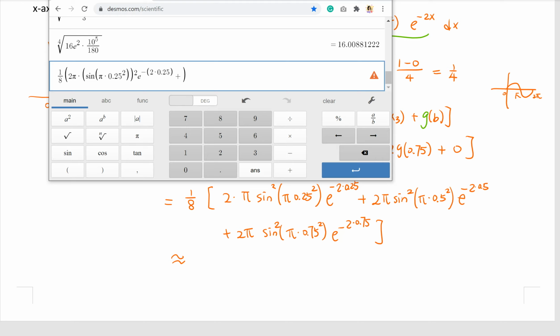With the parenthesis, it will be more clear. Okay, so next, I'm just going to copy this and paste here. We replace 0.25 by 0.5. And next, we copy again, but we replace 0.25 by 0.75.